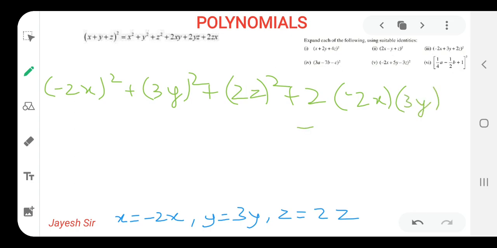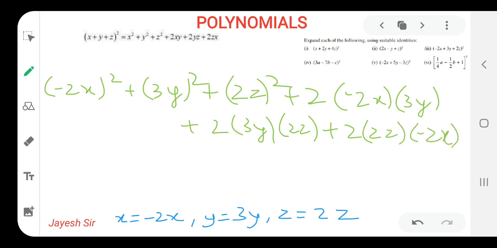I'm writing over here because I am having a lack of space, friends. That's why I'm writing over here. Plus 2, as it is, y means 3y and z means 2z, plus 2 as it is, 2z into -2x. I hope you all might be getting it, and you all must be capable of doing this step on your own. So we have to just write the last step and get the answer.